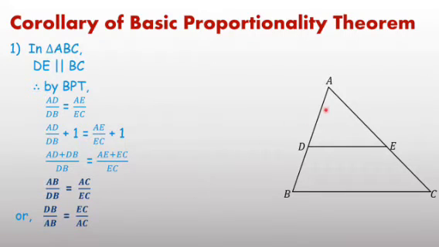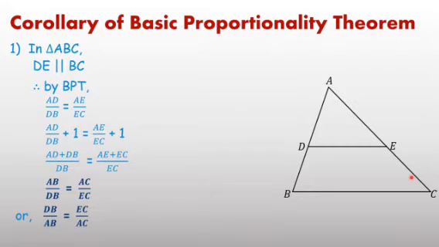So by BPT, you are getting the result AD upon DB equals AE upon EC. With the help of BPT, the next result, writing the whole side, means AB upon DB equals AC upon EC. It is known as a corollary of BPT.